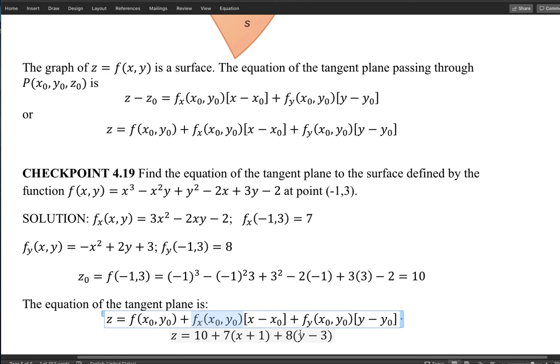Then plus the partial derivative with respect to y at the same given point, I got this 8, times y minus y naught, y minus 3. That is the equation of the tangent plane.